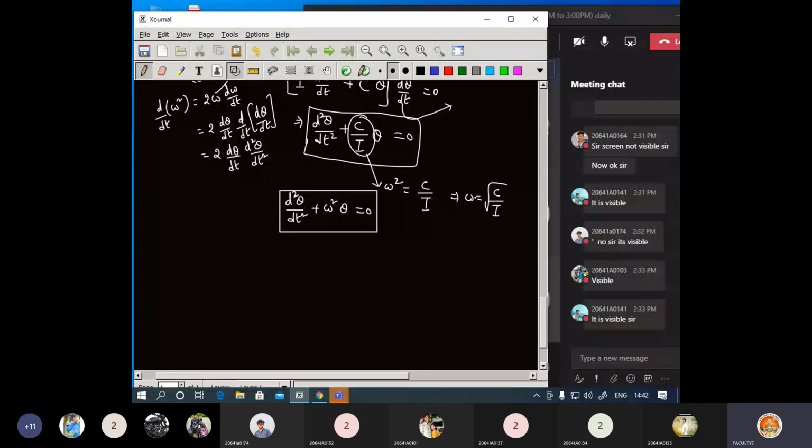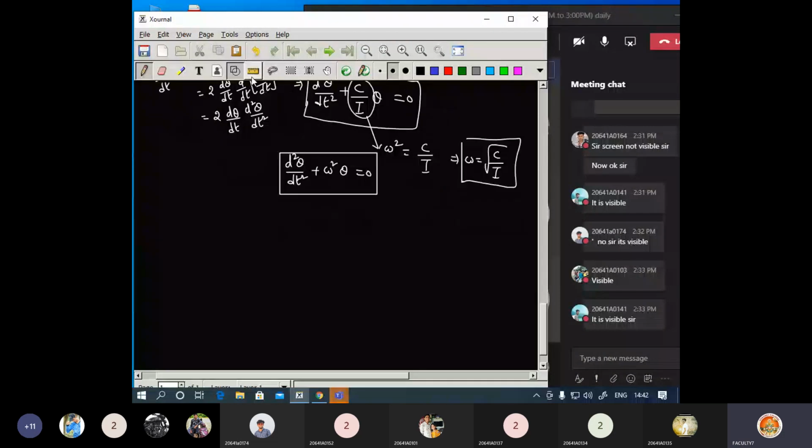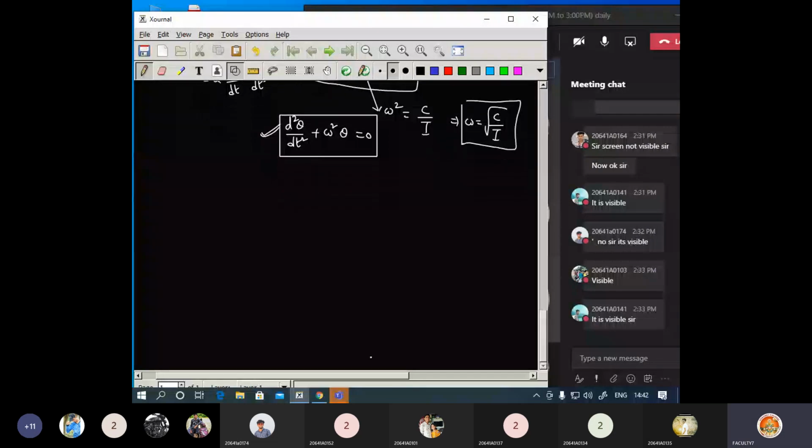Now this is the second order differential equation you got, and from here we are going to take the time period of oscillations. So how can you get the time period? Refer to the expression.